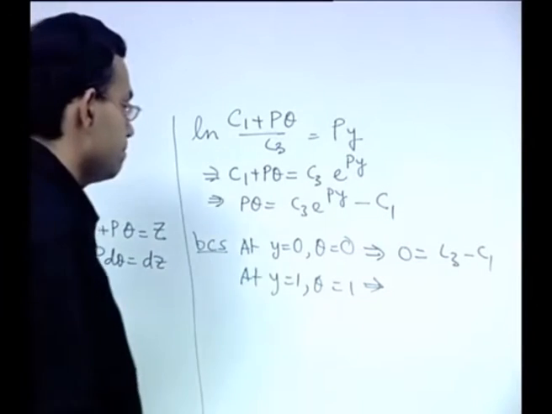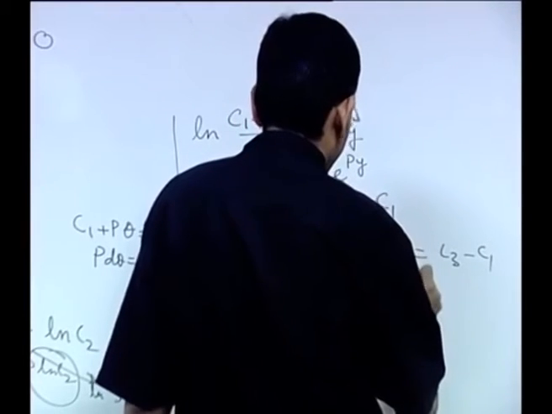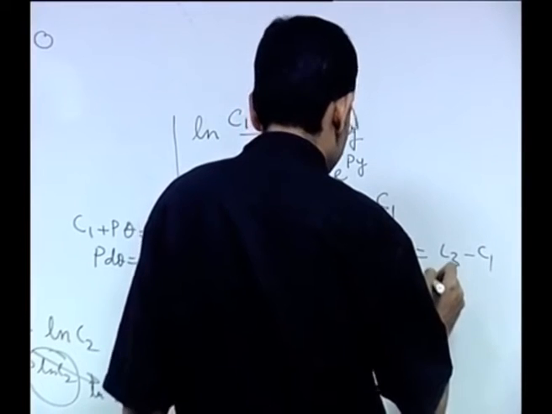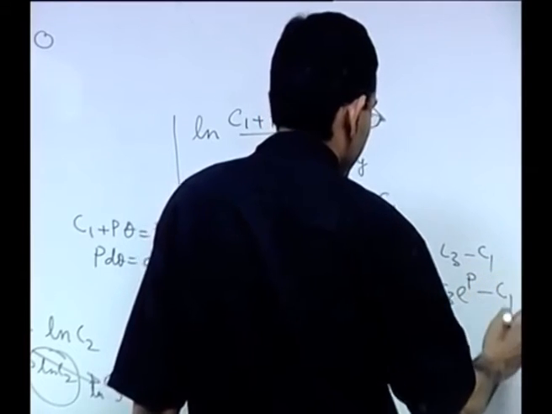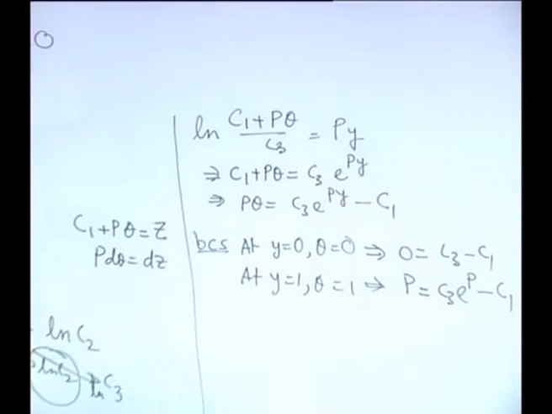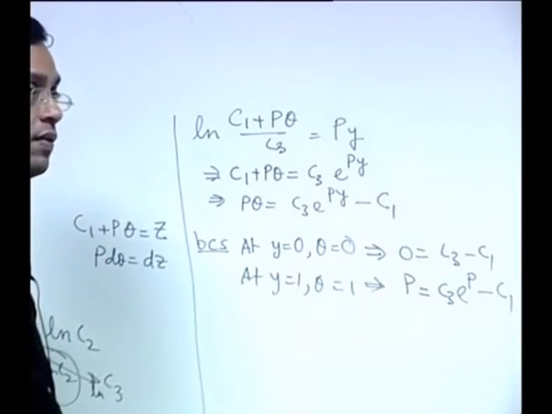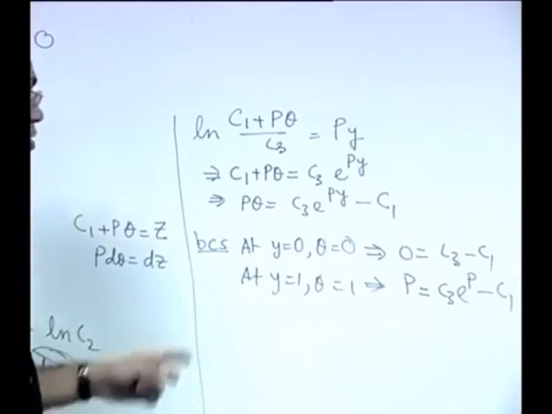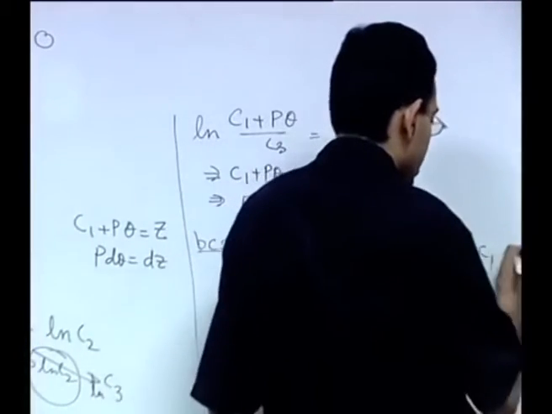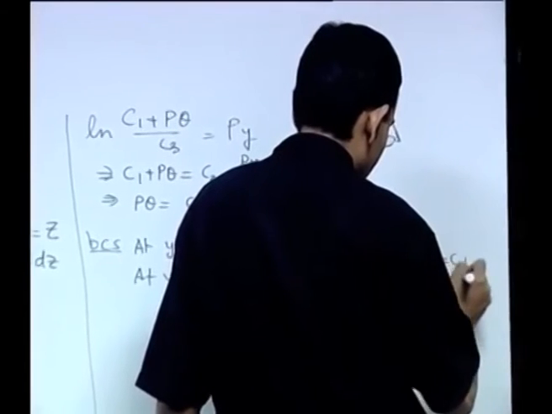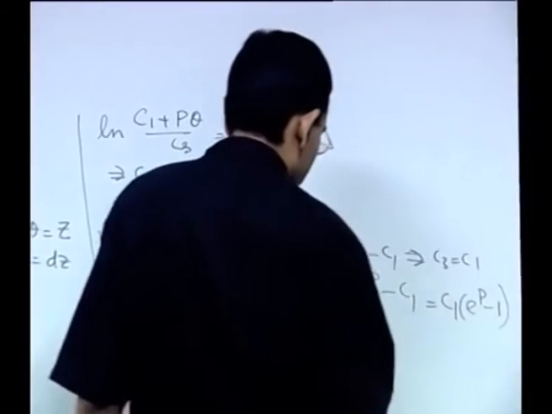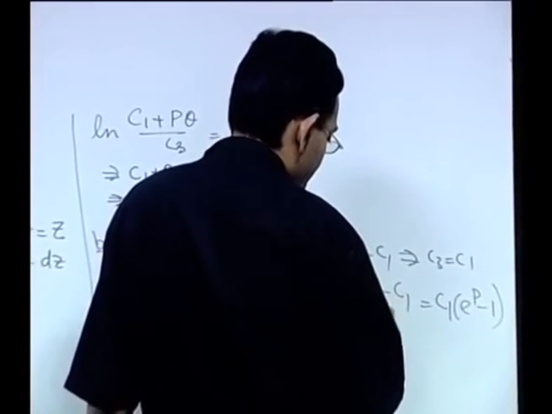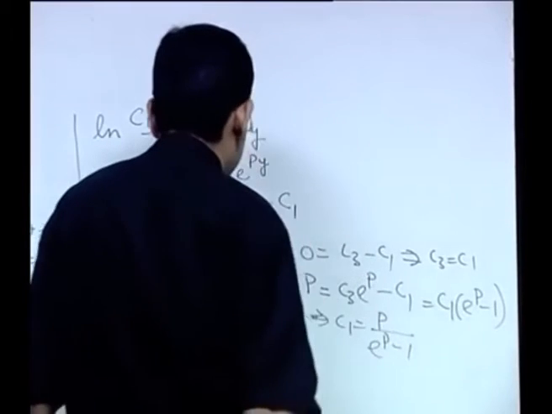From this we get P is equal to C3 e to the power P minus C1. C3 and C1 are equal from the first boundary condition. So, this is as good as C1 times (e to the power P minus 1). So, C1 is equal to P by (e to the power P minus 1).